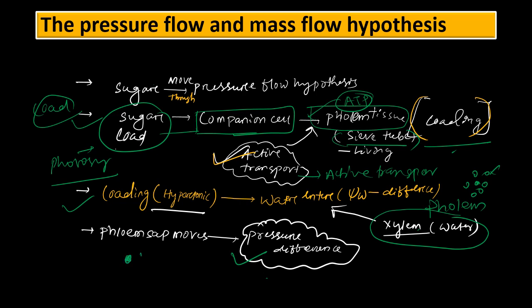Let's consider that here there is more phloem sap and here there is less. So from higher to lower, the phloem sap is transferred due to the pressure difference. This is the discussion of how phloem sap transfers from higher to lower through the mass flow or bulk flow hypothesis.